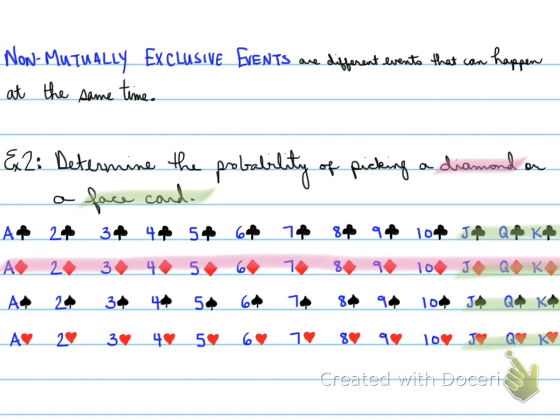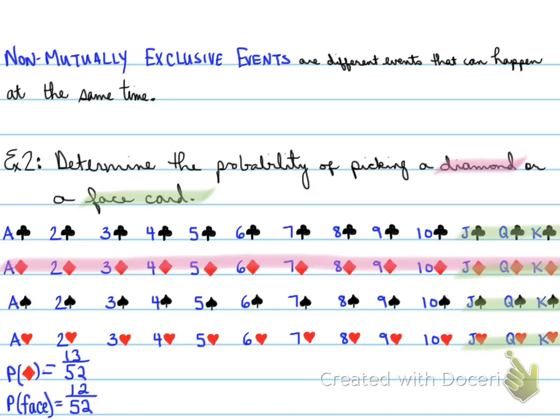Well, not really. I want you to understand, to calculate the probability of getting a diamond, a diamond is 13 out of 52. A face card is going to be 12 out of 52. There we go. There are 12 face cards. There are 13 diamonds.